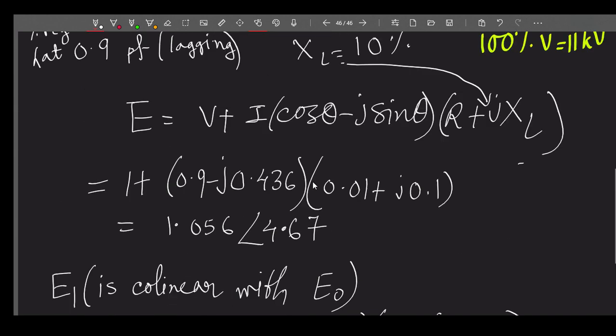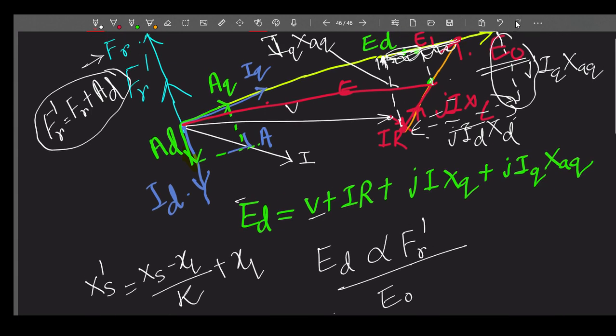Now what we will do with this angle? What is this angle? This 23.13 is this much angle.